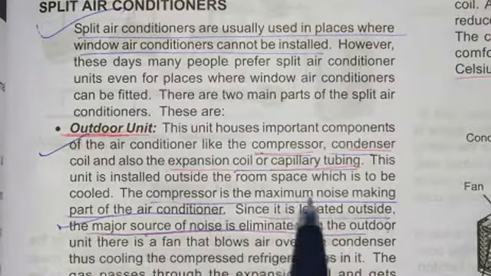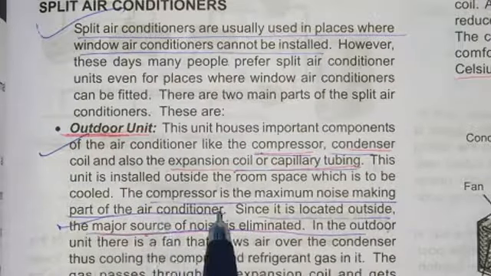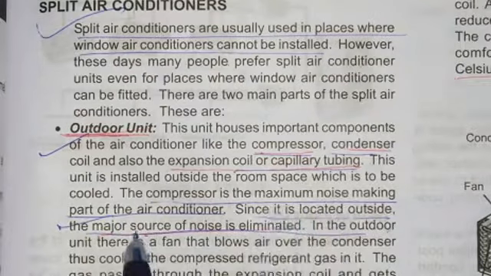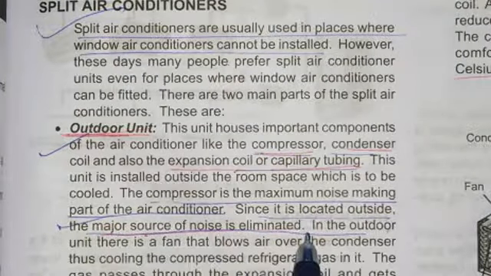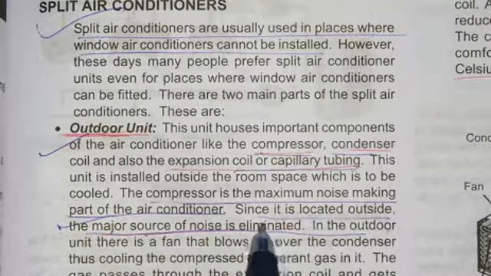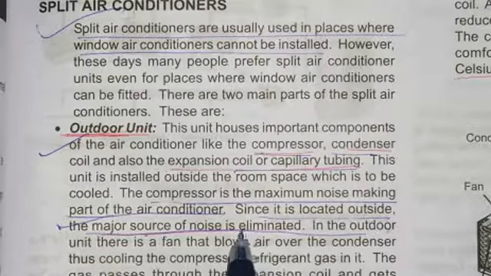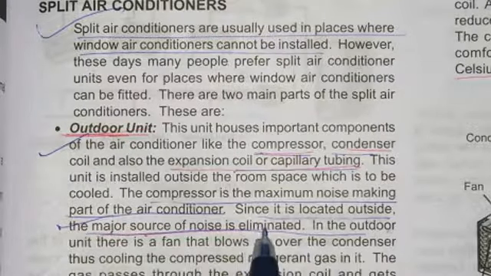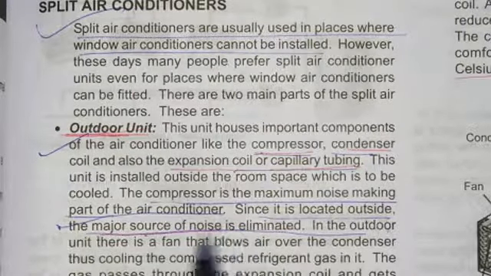The compressor is the part of the air conditioner that makes the most noise. Since it is located outside, the major source of noise is eliminated. So the advantage of the split air conditioner is that the noise problem is reduced.